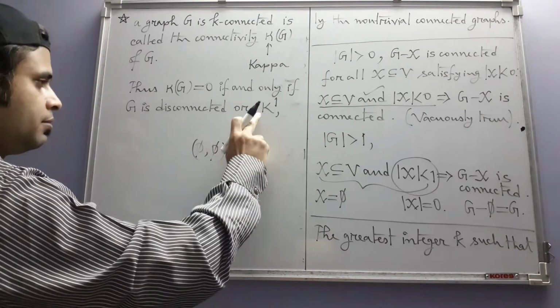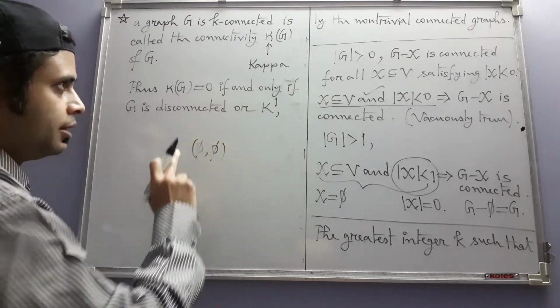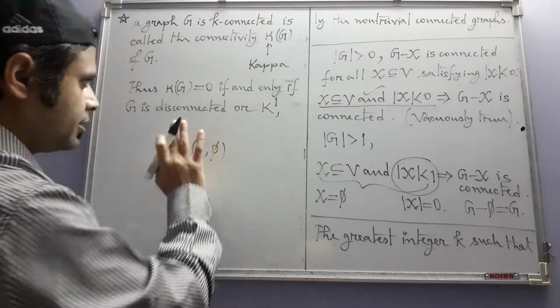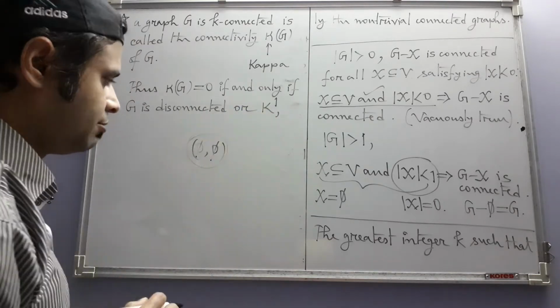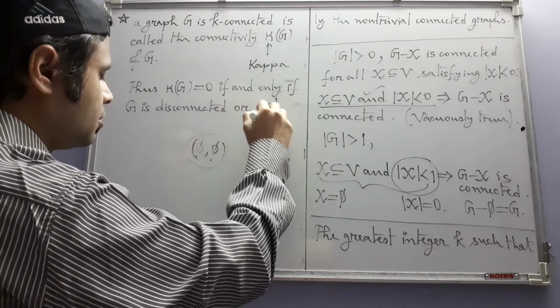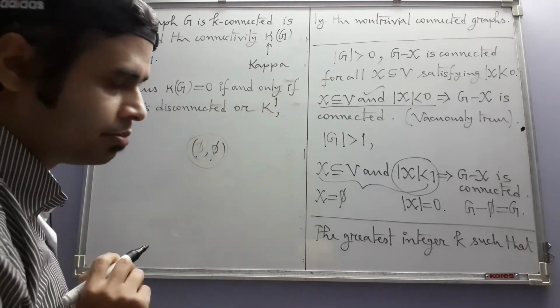Conversely, if G is K1 or disconnected, then what? Can G be the empty graph? Definitely not, because if G is K1, then it's not empty.